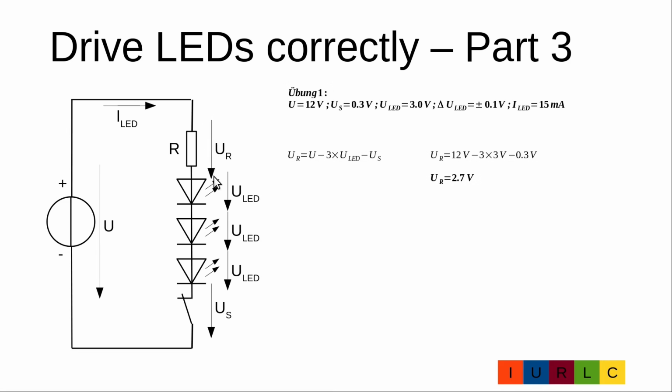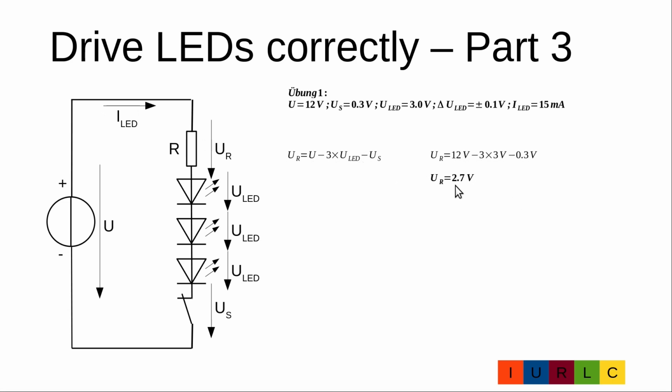The voltage drop UR is the supply voltage U minus 3 times the forward voltage of the LED minus the voltage drop on the switching transistor. UR is U minus 3 times ULED minus US with concrete numbers 12 volt minus 3 times 3 volt minus 0.3 volt.